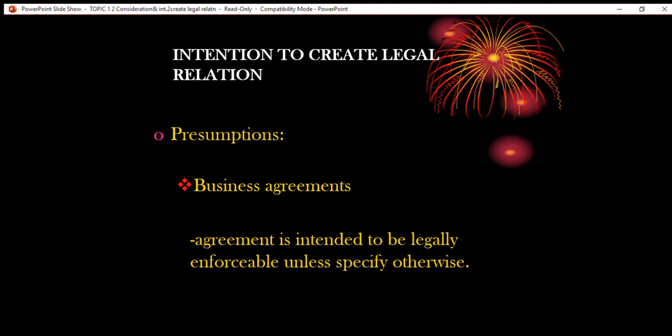Other than that, under acceptance, regarding the communication of acceptance, we have the general rule and the exceptions. When you want to communicate the acceptance, how do you know that there was a complete communication of acceptance?